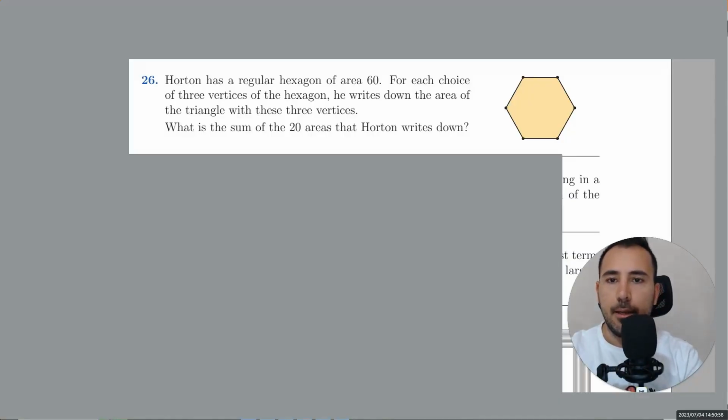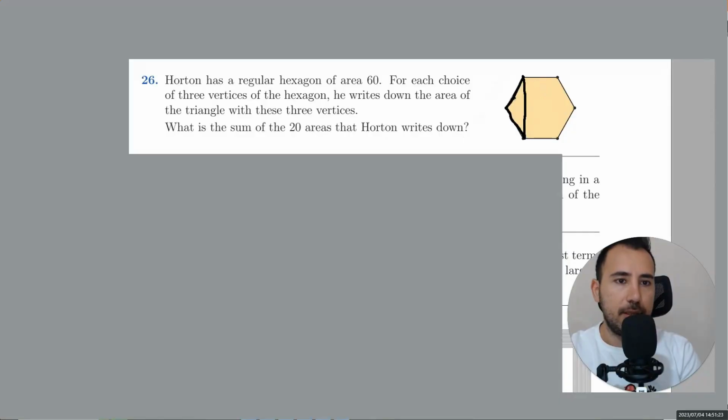Okay, so let's see. It's telling you that there are 20 areas and 20 triangles. So how many different kinds of triangles can we make? This is one kind I can make. And then how many of these do we have?